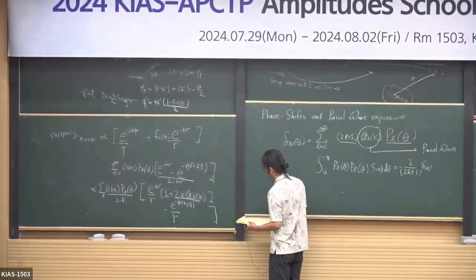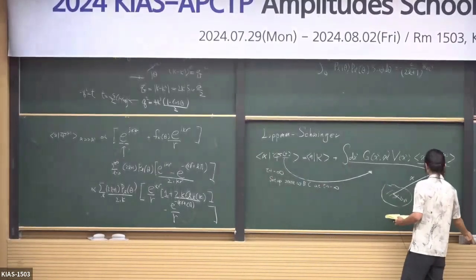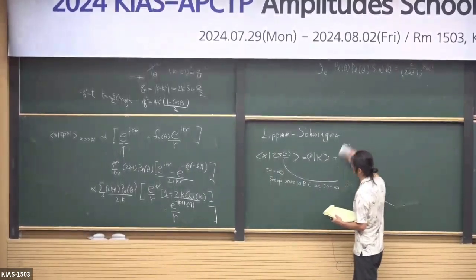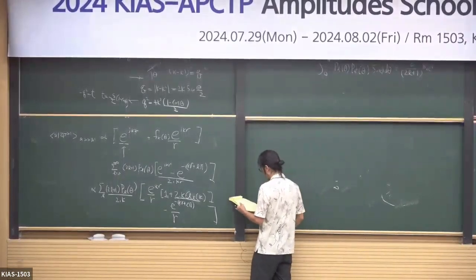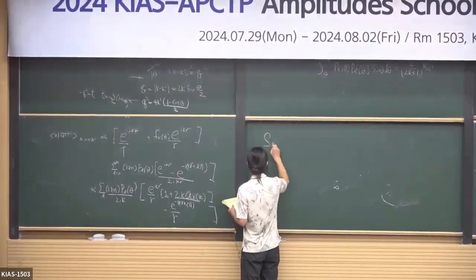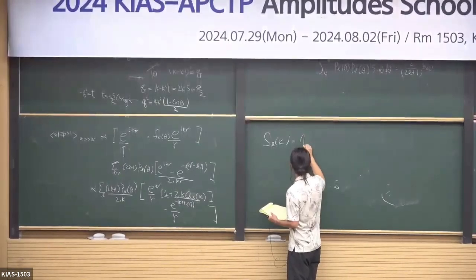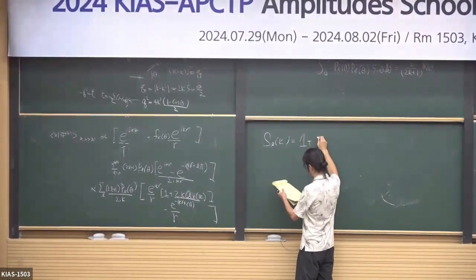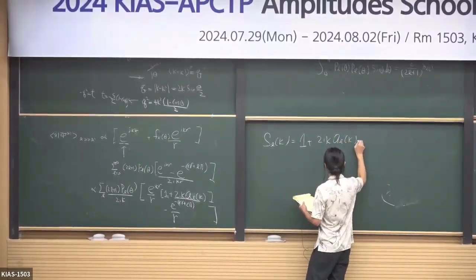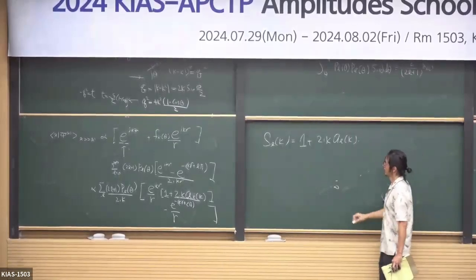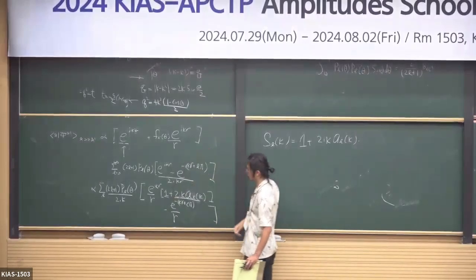We usually define this as our S matrix. That part is actually our S matrix, expanded on the partial waves. So S_l(k) is going to be identified as this part: identity plus 2ik a_l(k), because this is describing the outgoing spherical wave.